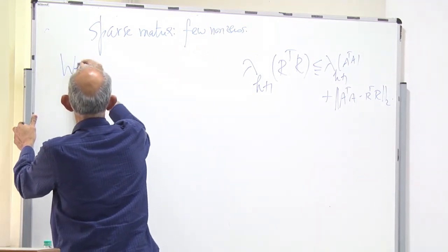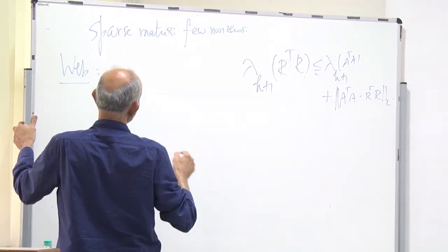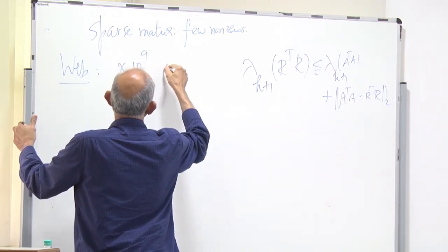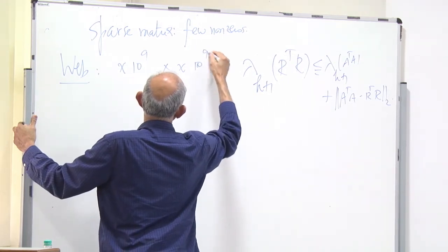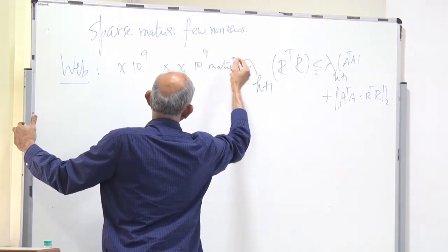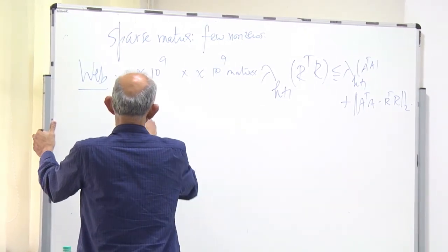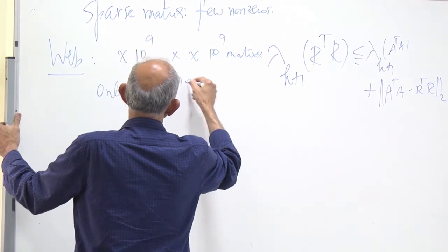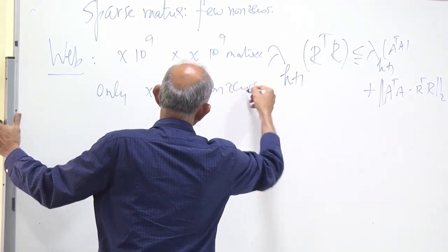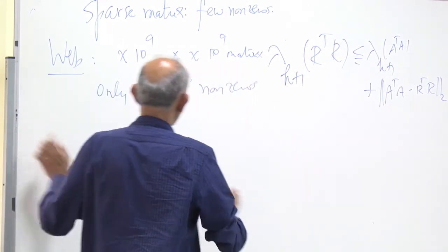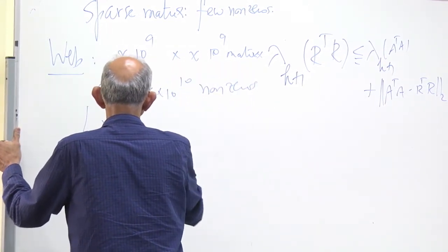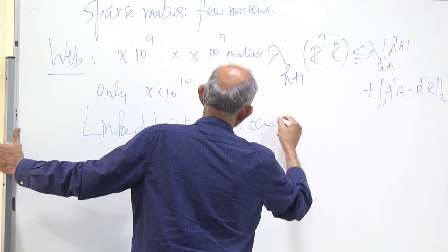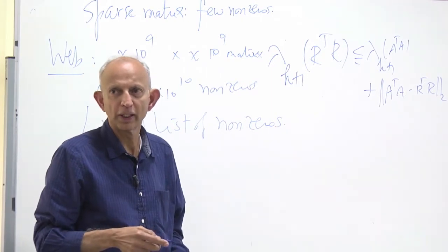One example is the hypertext linked matrix of the web. It has X billion rows and columns, right? But each row has only about 10 non-zeros. So you write it down by having basically a linked list of non-zero entries.